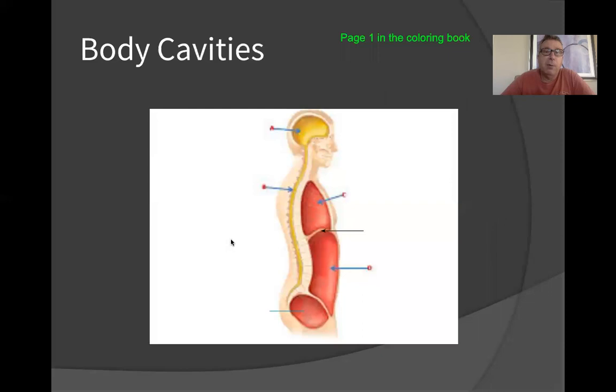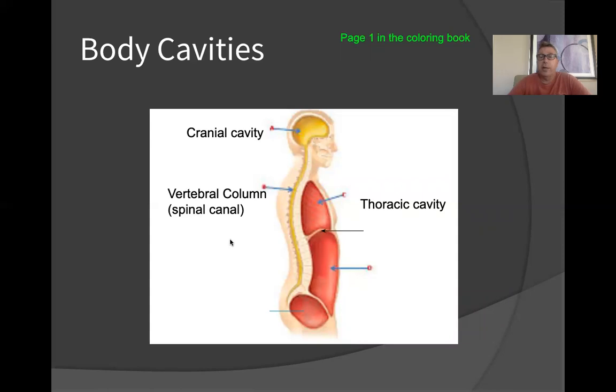Now we need to concentrate on the cavities of the body, and these will be referred to throughout the course. The first one is the cranial cavity, holding the brain. The second is not so much a cavity, but since it's not part of any of the other cavities, we separate it to itself, and that's the vertebral column or the spinal canal.